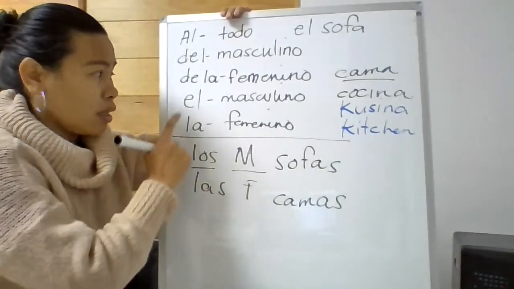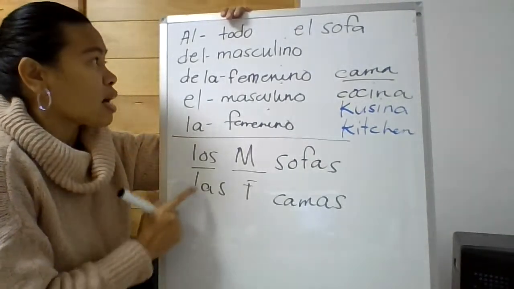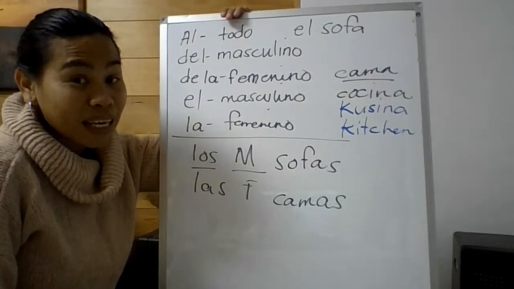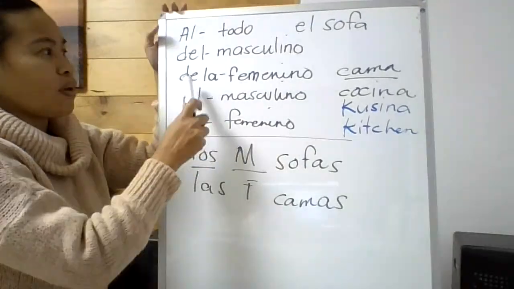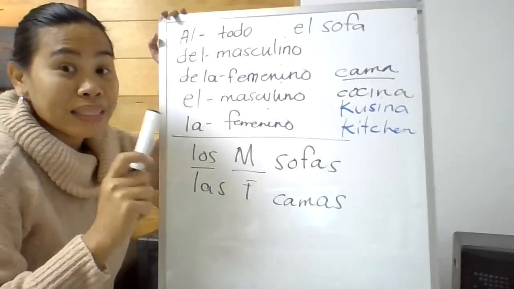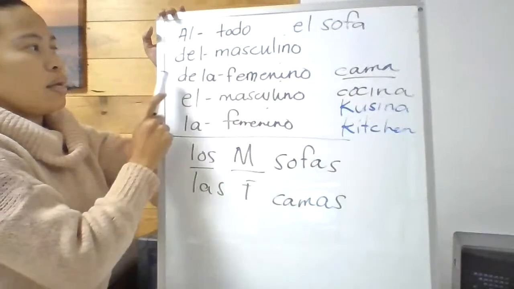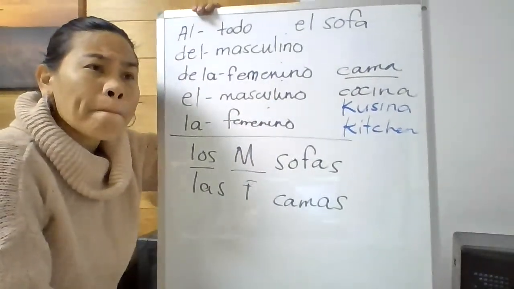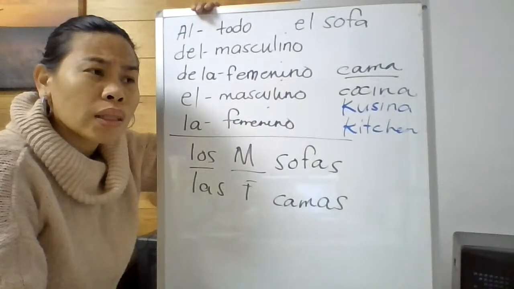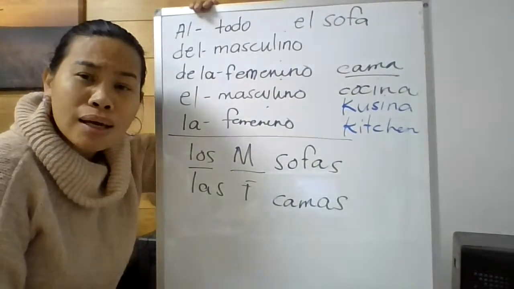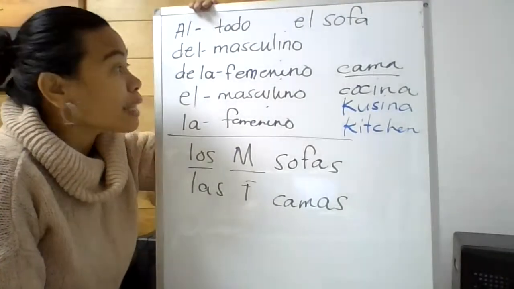See, el, la, los, las, and al, del, and de la. "Al lado de la tienda", porque es femenino. And then masculino, "al lado del bar", masculino que hay lugar.